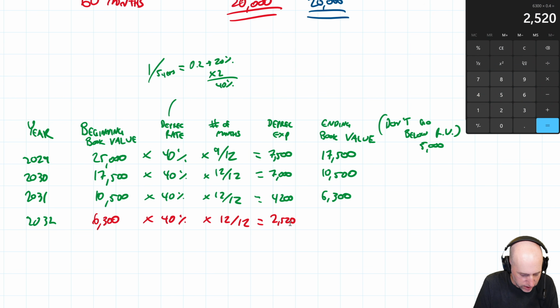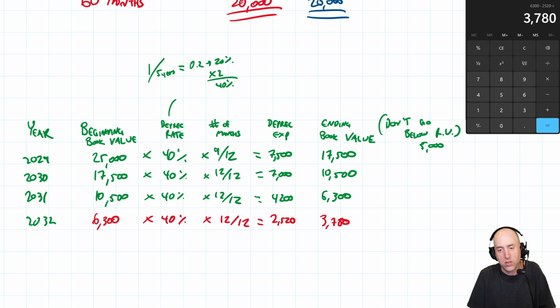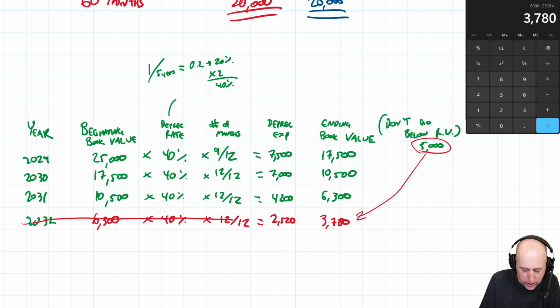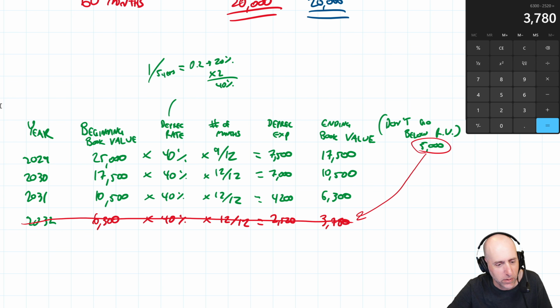And let's see, 6,300 minus 2,520 is 3,780. Now, this will be very common for students to do on tests. And what I say is, once you get to this point, just go, uh-oh, I know I'm below 5,000. That triggers something in my mind. I draw a line through this. This is not correct. So how would I fix it?